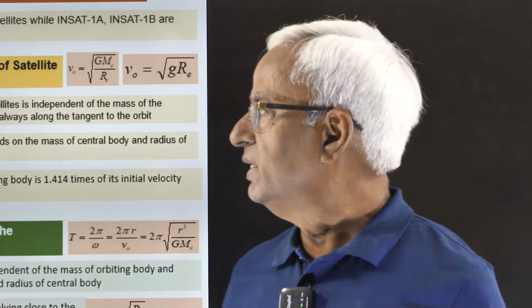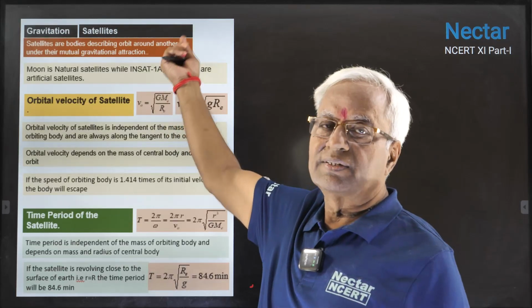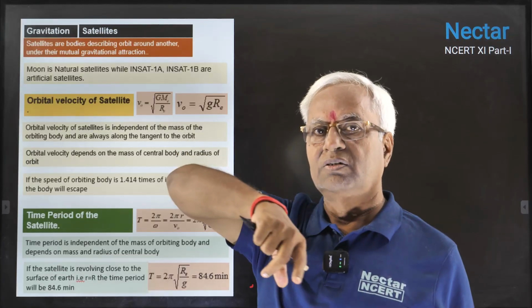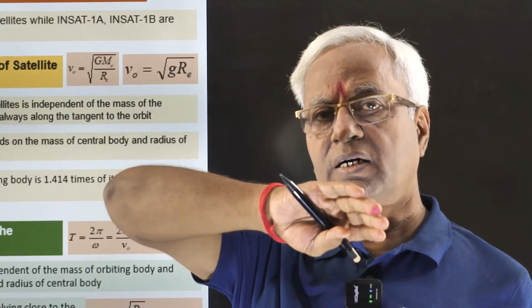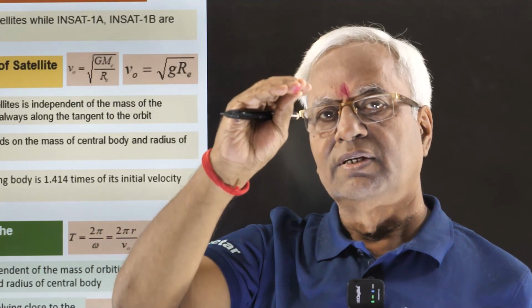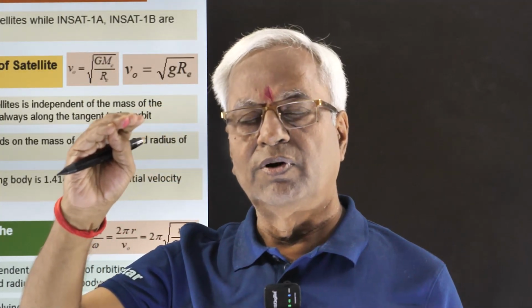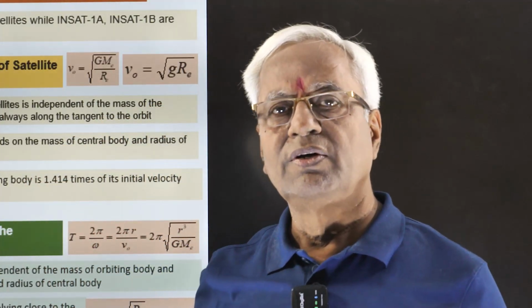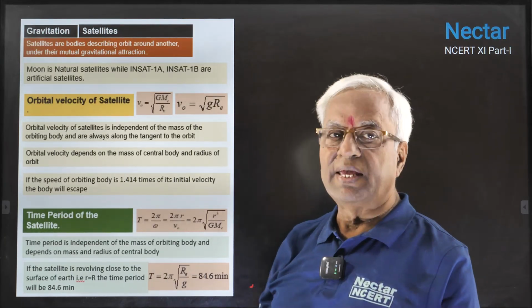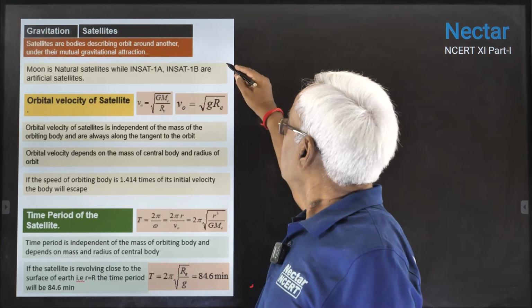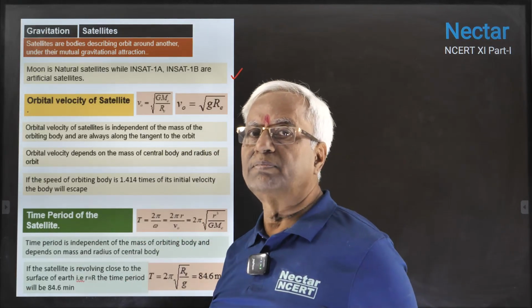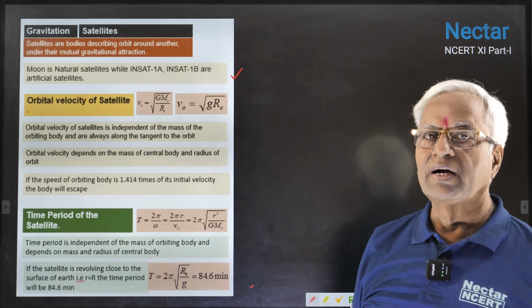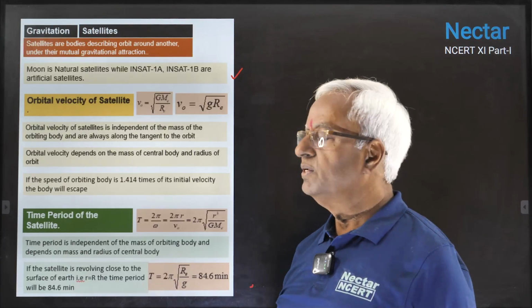But here we are considering the satellite that's natural, like moon around the Earth, and artificial satellites INSAT 1A, 1B, that of Indian make. So these satellites obtain the centripetal force from the gravitational force between Earth and themselves.